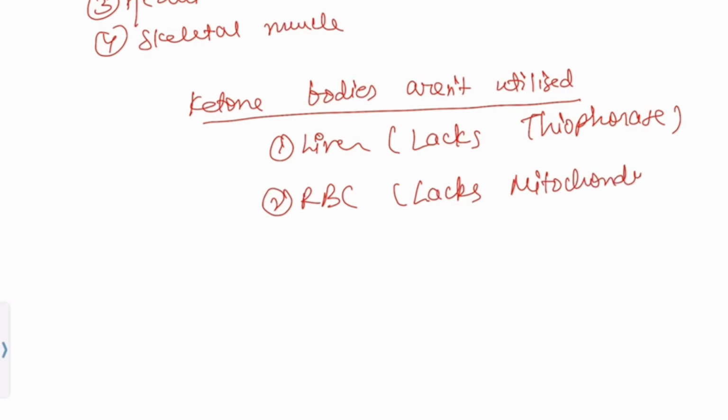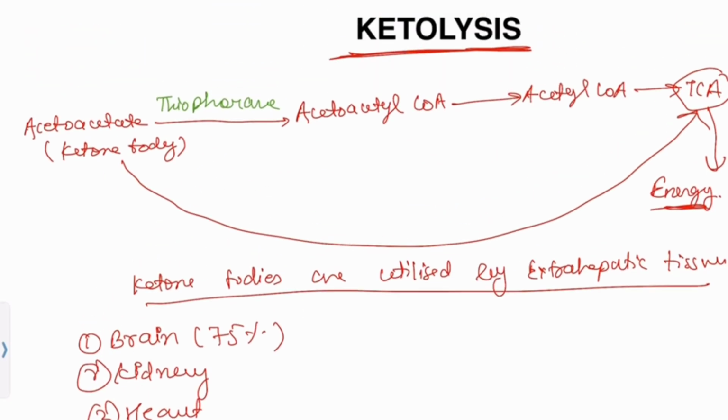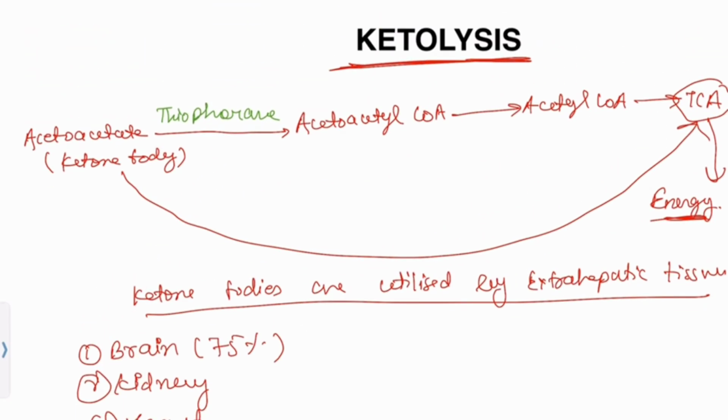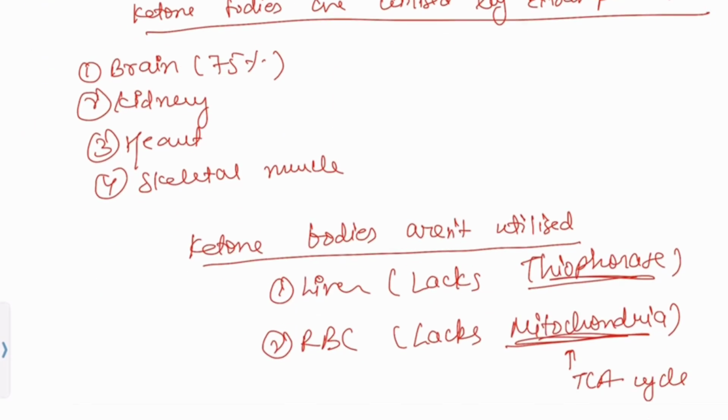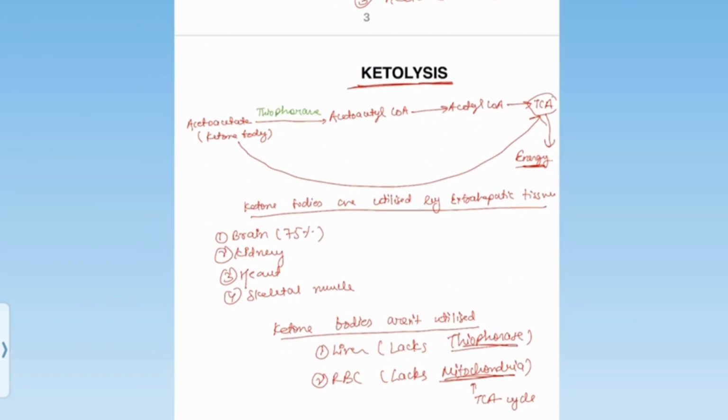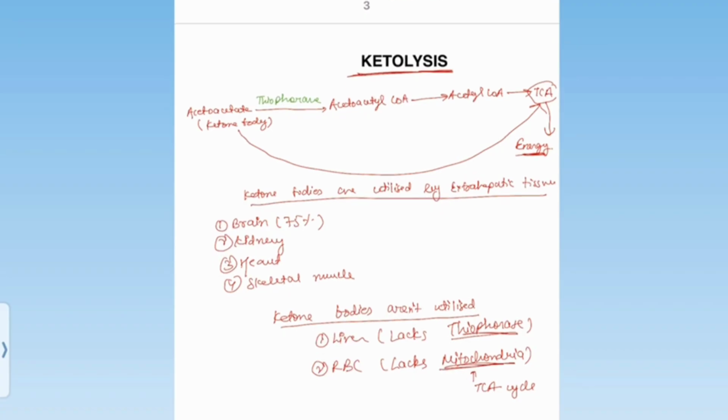Mitochondria is required for the TCA cycle, and thiophorase, I have told earlier, is required by acetoacetate to form acetoacetyl coenzyme A. So this is about ketolysis and how ketone bodies are formed and how they lead to the production of energy.